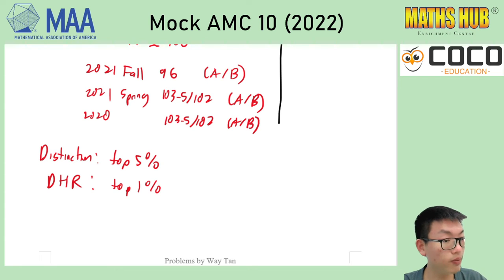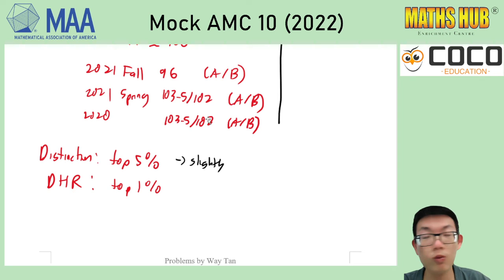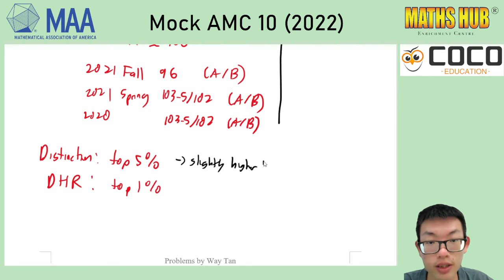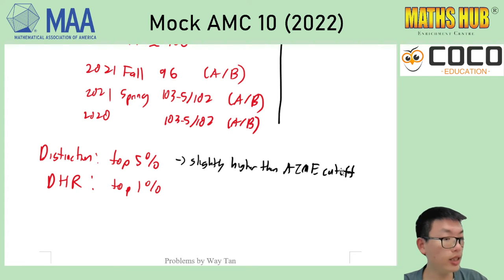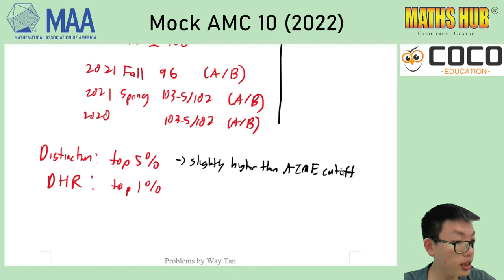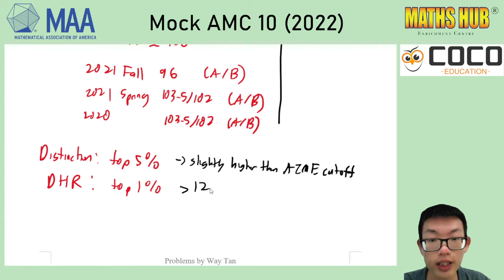Maybe it's going to be a little bit higher, slightly meaning maybe 5 to 10 points more. If we are looking for the DHR, that could be quite a bit higher. So that could be around 120 and maybe a little more.